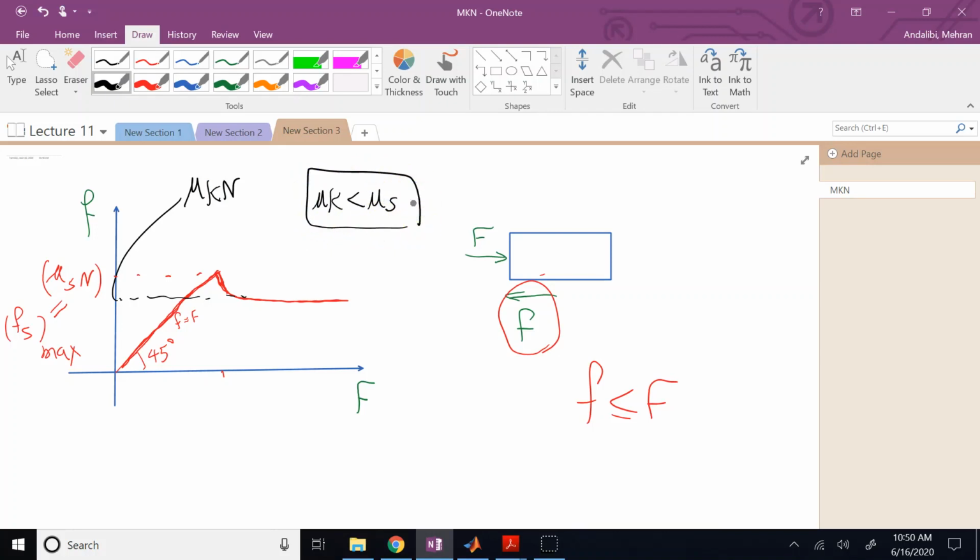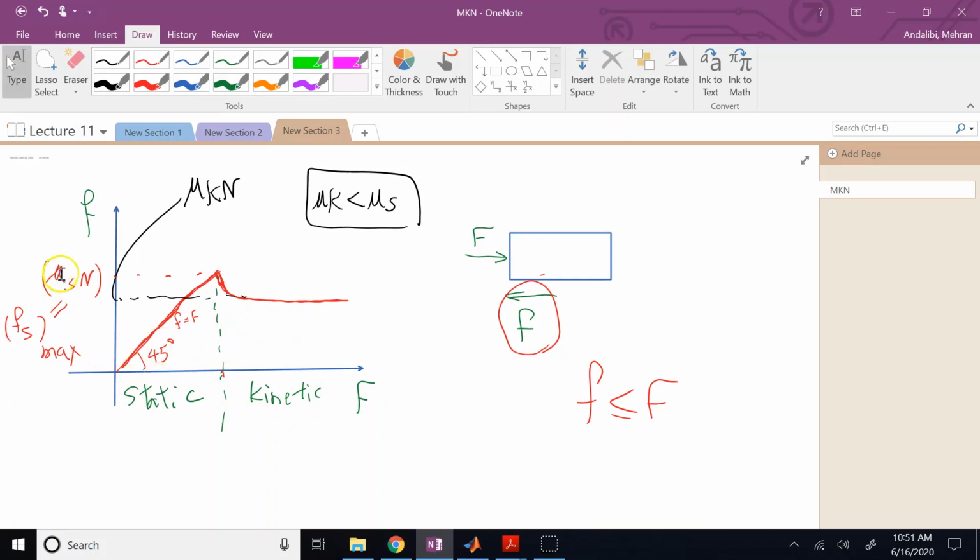Now, in this case, the textbook said they are equal, which is not super realistic, but fine if that's what the textbook wants us to think. Not that I accept it, but we just want to solve a problem. So here is when the motion has not started, so this is the static region, and this is the kinetic or dynamic region. Here the motion exists, here it does not, right?